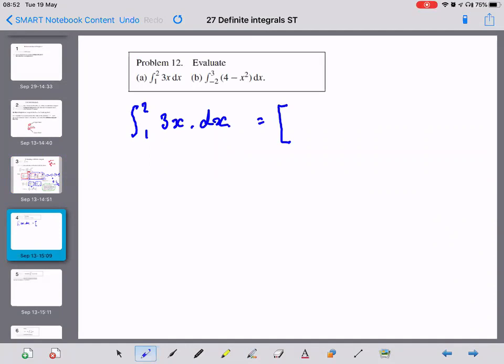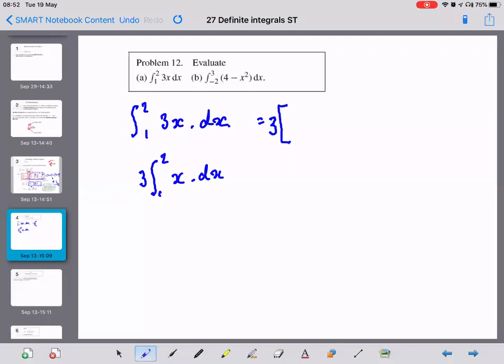As we know, if we want to, we can take this constant outside. So that constant comes outside these brackets.